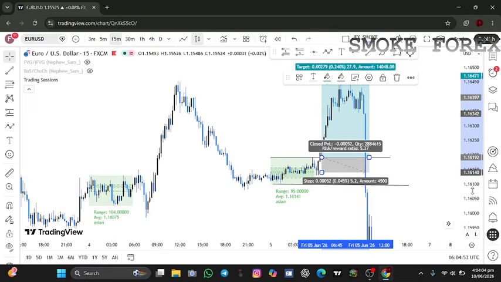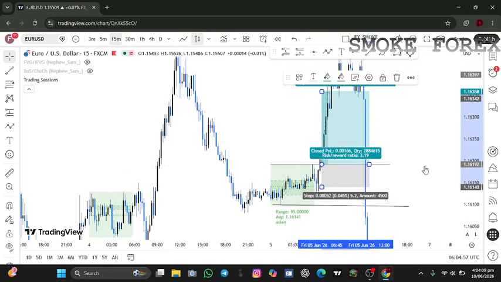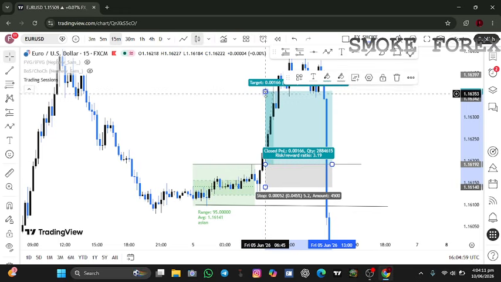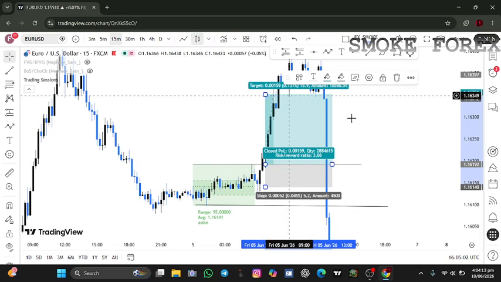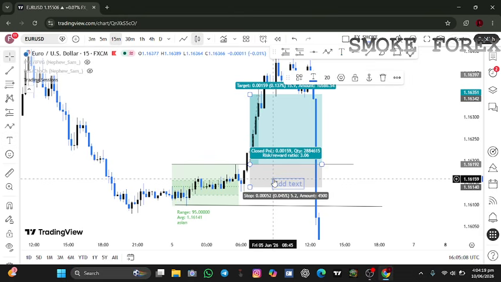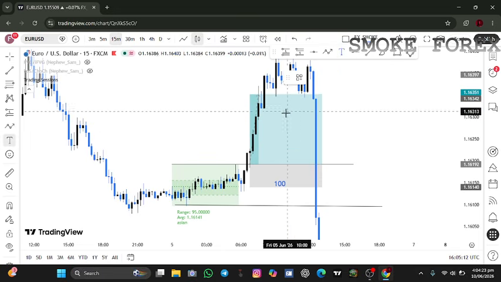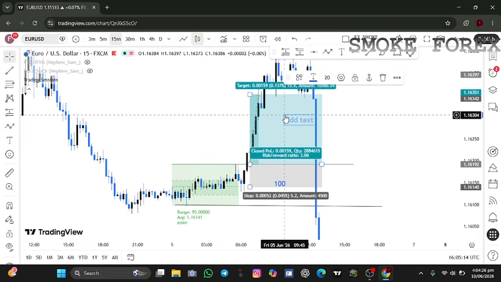Always 1:3. Or if you are not that good like me, you can aim for 1:2. So 1:3 is the perfect trade. This means if I had $100 over here, at 1:3 I'm going to make $300.